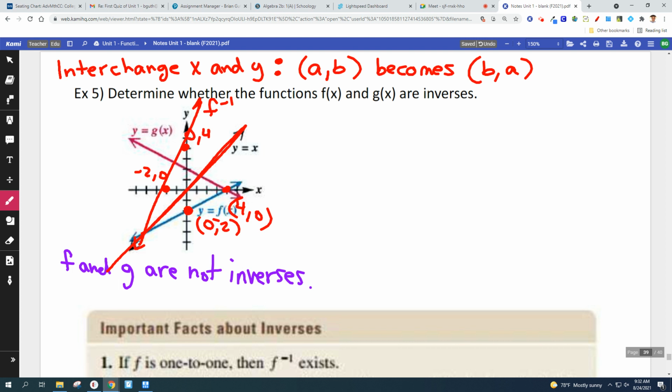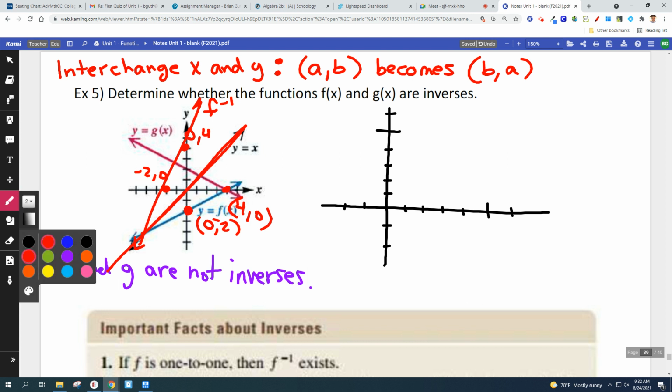Let's try to draw this. I'm going to do another example here. I'm setting up axes with 1, 2, 3, 4, 5, 6 on each. I just made up some points here.